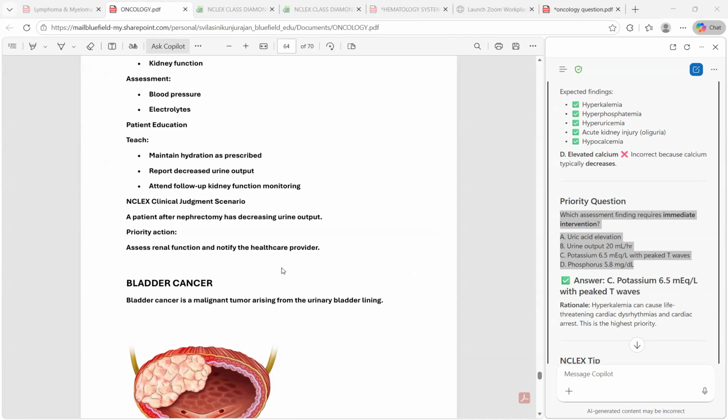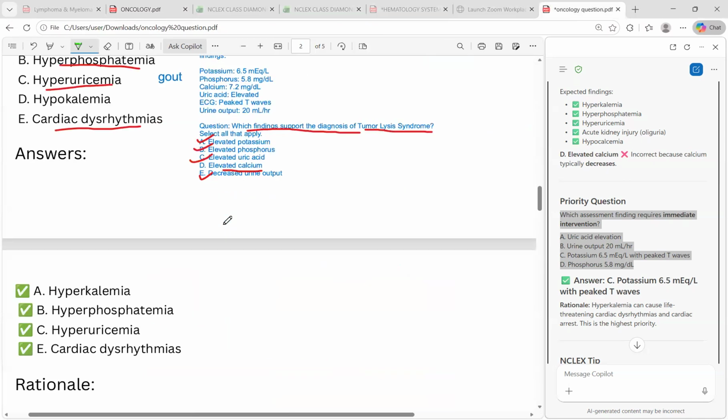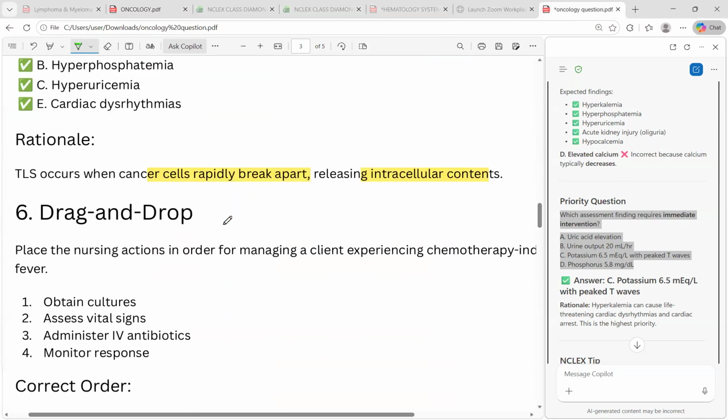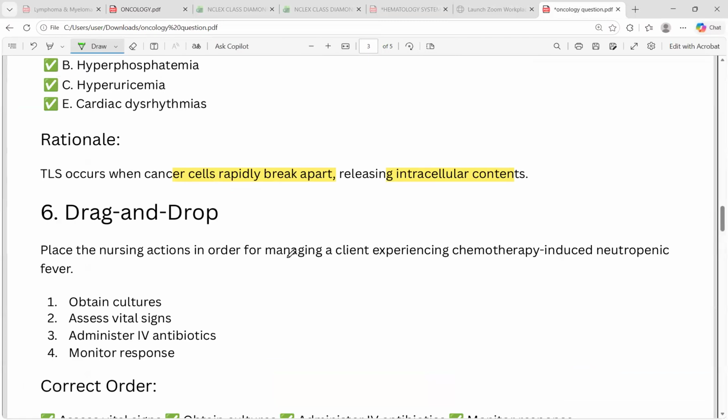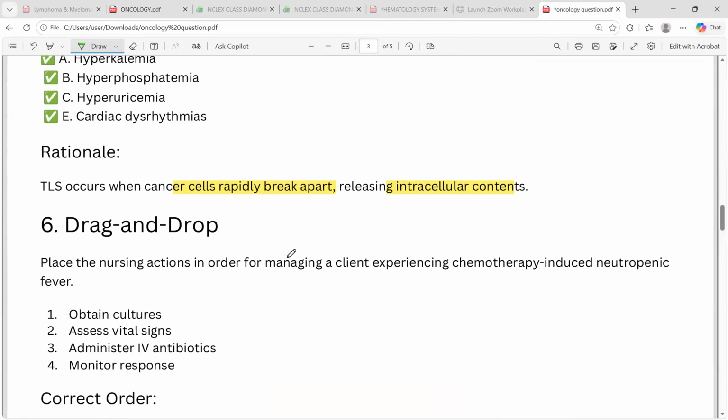So we can do one more question. Okay, this question needs the correct order. We know in NCLEX RN there are many Next Generation type questions.